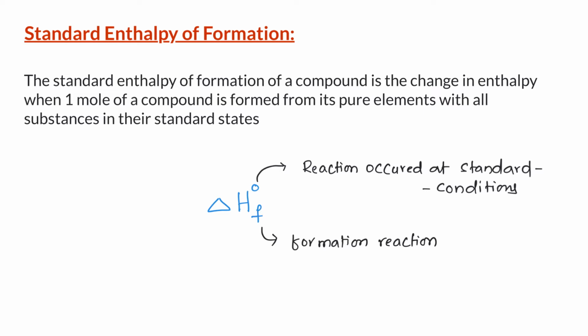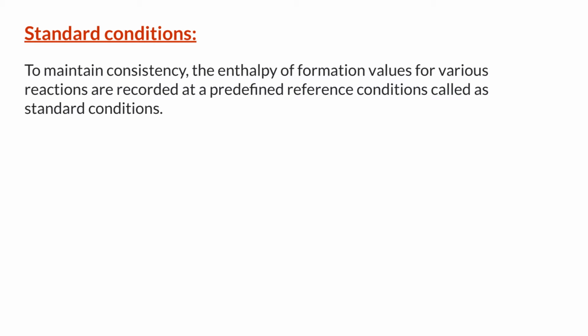Each of these words has a specific meaning associated with it. Let us discuss what each of them means. We discussed earlier that the enthalpy of a reaction depends on the conditions under which the reaction is occurring. To maintain consistency, the enthalpy of formation values for various reactions are recorded at a predefined reference condition called standard conditions.